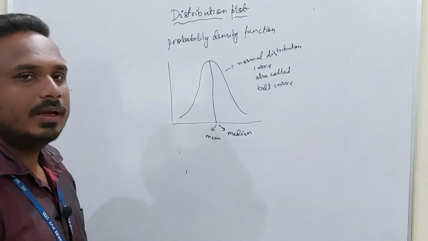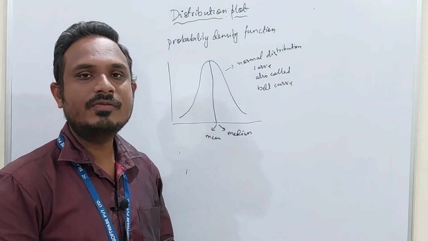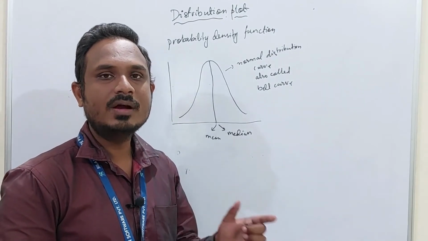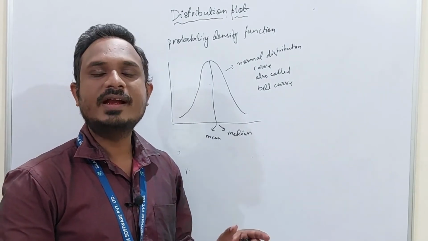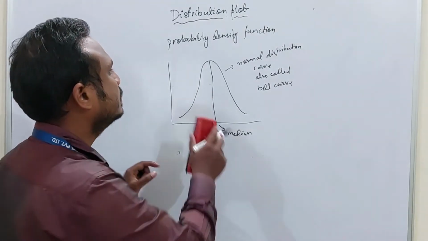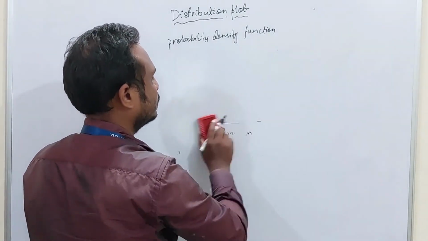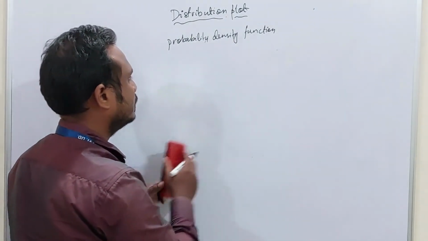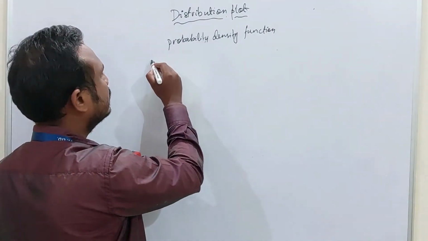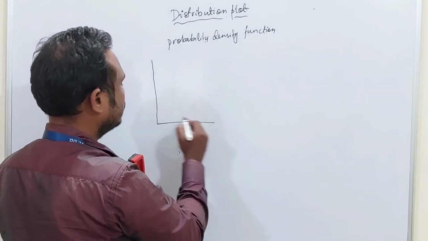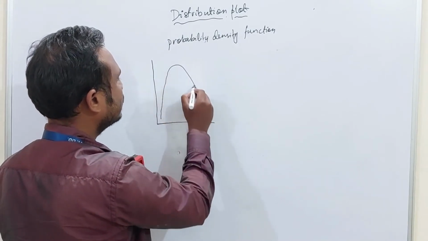But in real life scenarios, you will find a right skewed graph and a left skewed graph. So what is right skewed and what is left skewed? The right skewed graph looks like this.